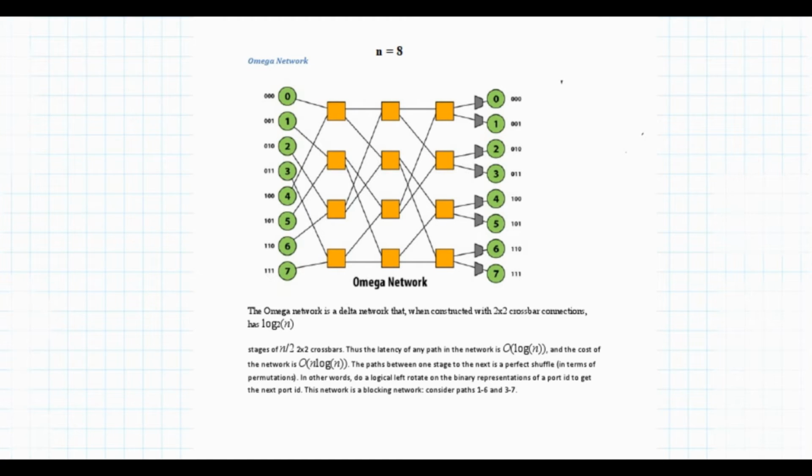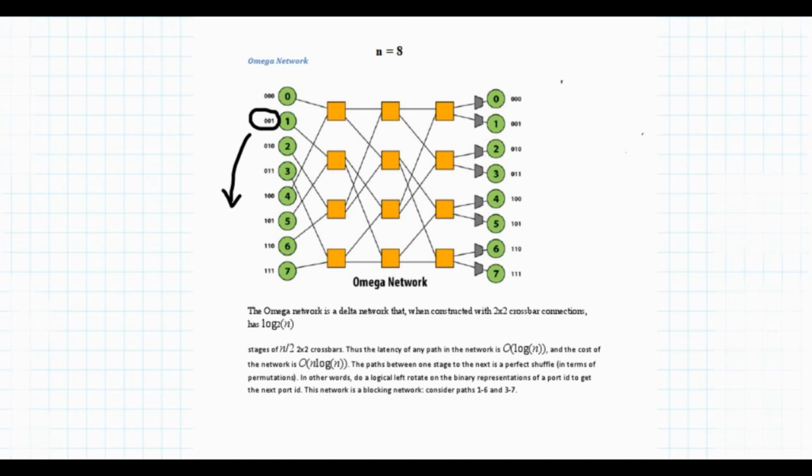So say this is your processor in question. To find the switch or port to which it will be connected, you have to left shift every digit of this binary representation by one position towards its left.